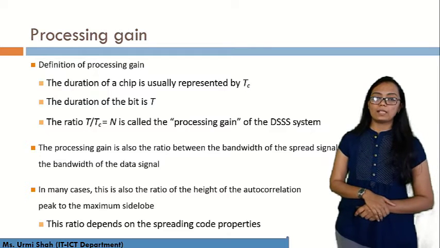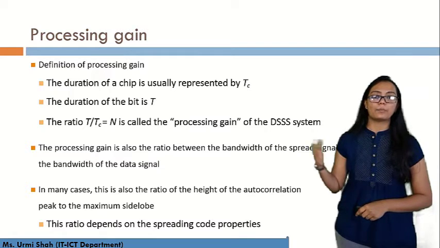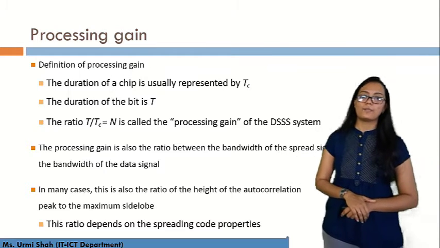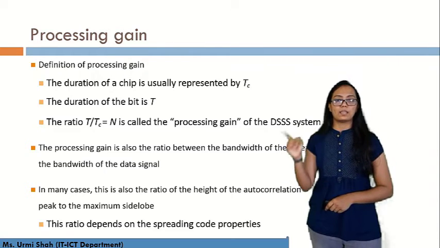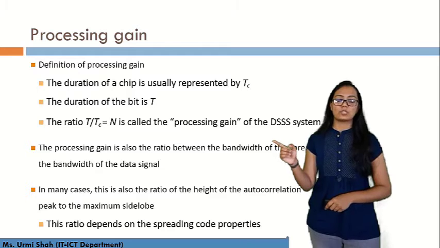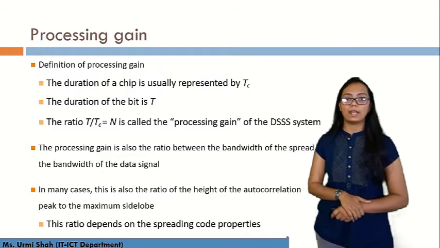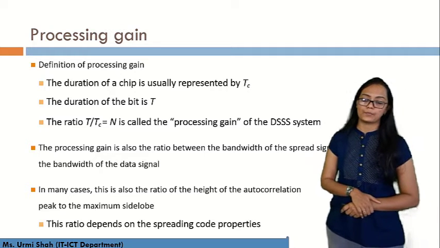The processing gain is also the ratio between the bandwidth of the spread signal and the bandwidth of the data signal. The time T, which is your bit duration, divided by your chip time will give you N, that is your processing gain.